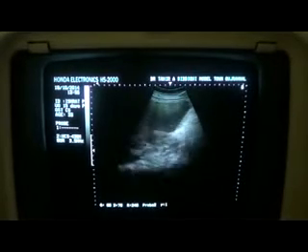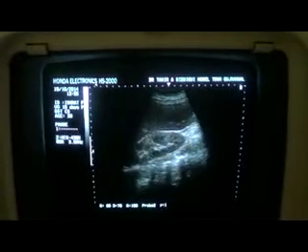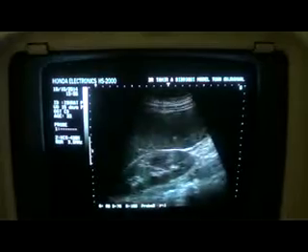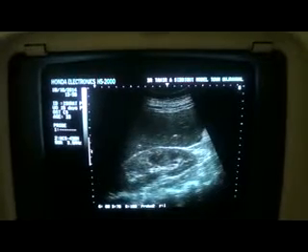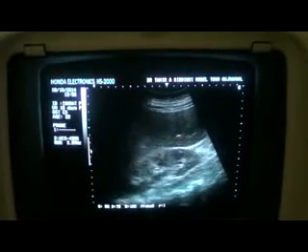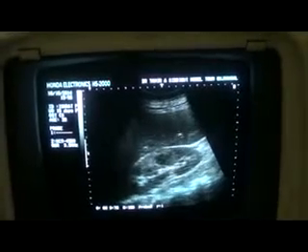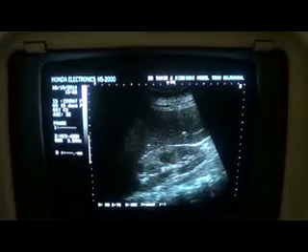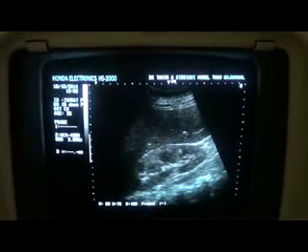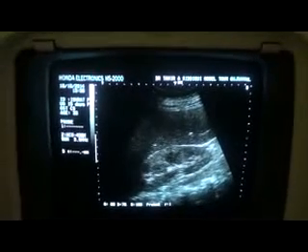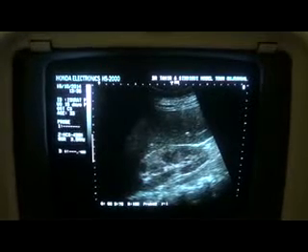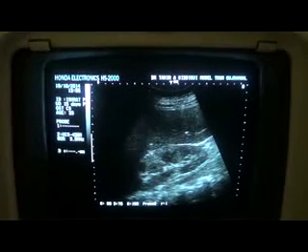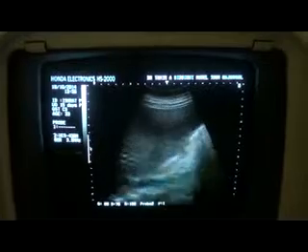The kidney is showing relatively prominent pyramids and raised parenchymal echogenicity on the right side. These are the pyramids, this is the central sinus echo complex, and this is consistent with pyelonephritis or infective changes.